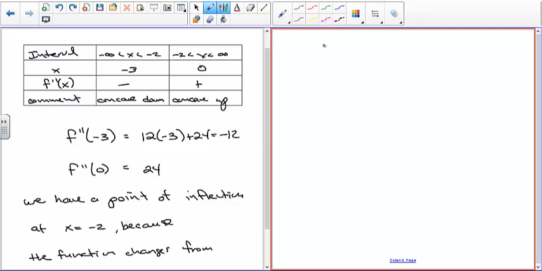Now the second derivative test, there's two ways you can do it. You could evaluate the second derivative at the two critical numbers, or you could look at where the critical numbers are relative to these intervals.